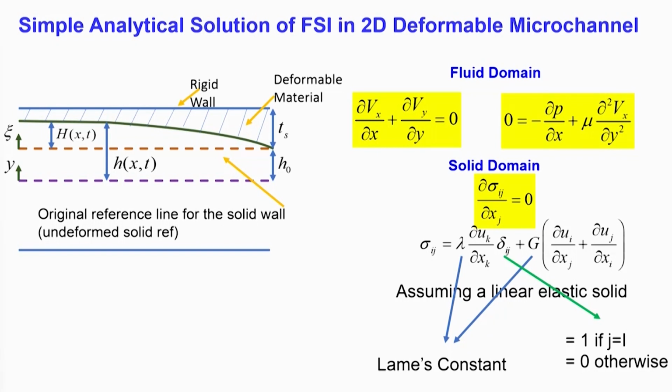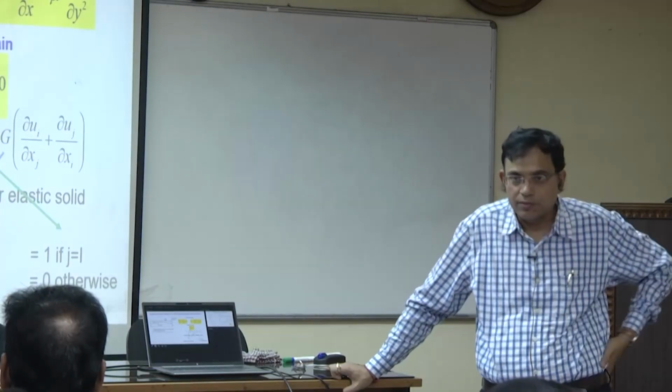So, we have neglected the inertia terms, the acceleration etc., and you have 0 on the left hand side, and on the right hand side you have the pressure gradient and the viscous force. You have the velocity gradient in both y and x, but because y is much smaller than x, the velocity gradient along y is much more important than that along x, and that is neglected. This is called the lubrication approximation. So, you have two length scales, one small and another large, and you neglect the gradient along the large as compared to the gradient along the small.